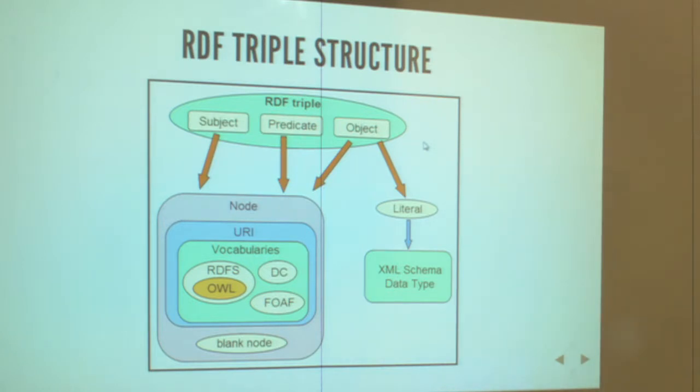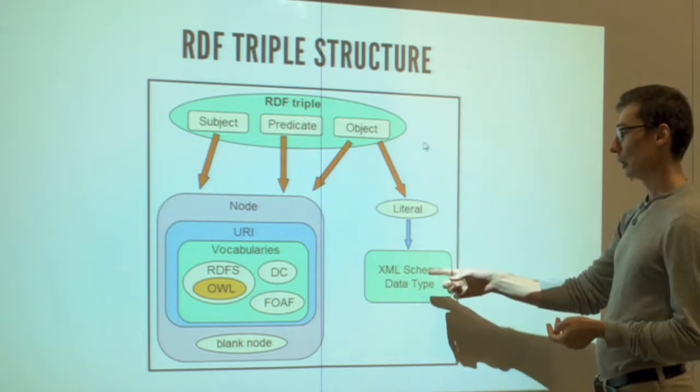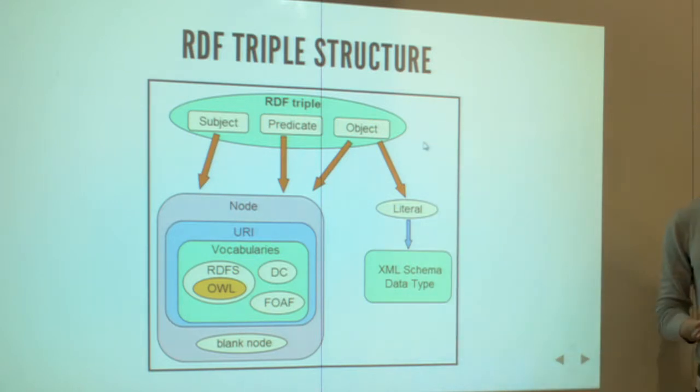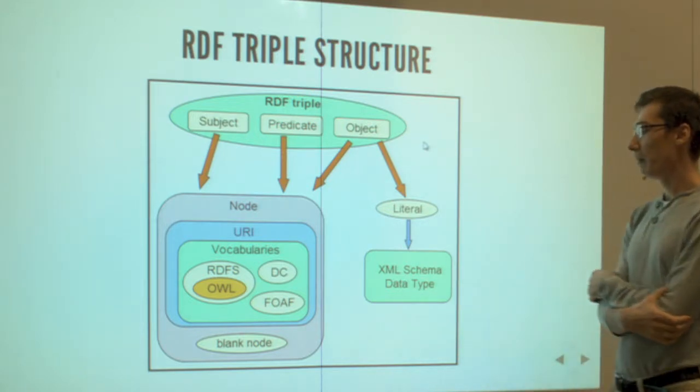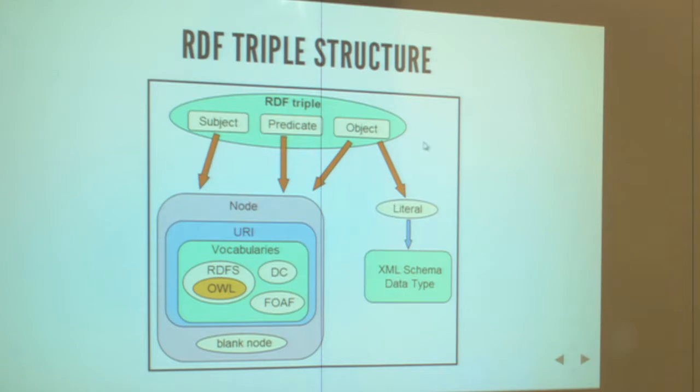It's a unique ID, you could say, a globally unique ID. Or the object could also be a literal. So it's also a graph data model, and when you have a graph, eventually you want to have terminal nodes which have the data. So that's what the literals are for.